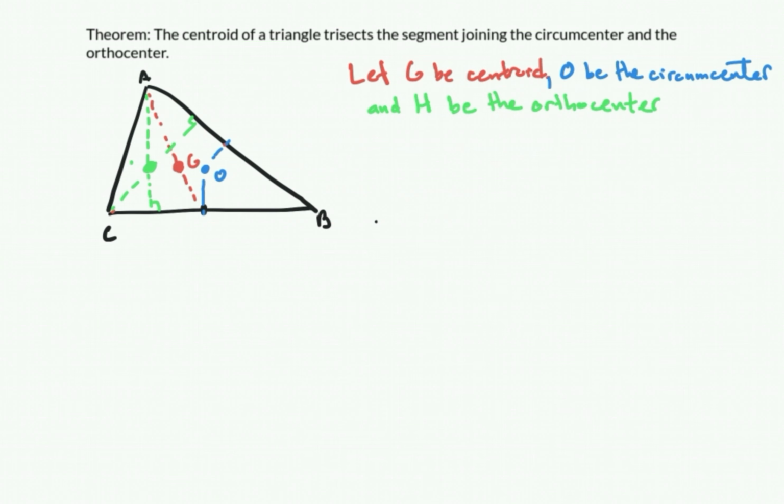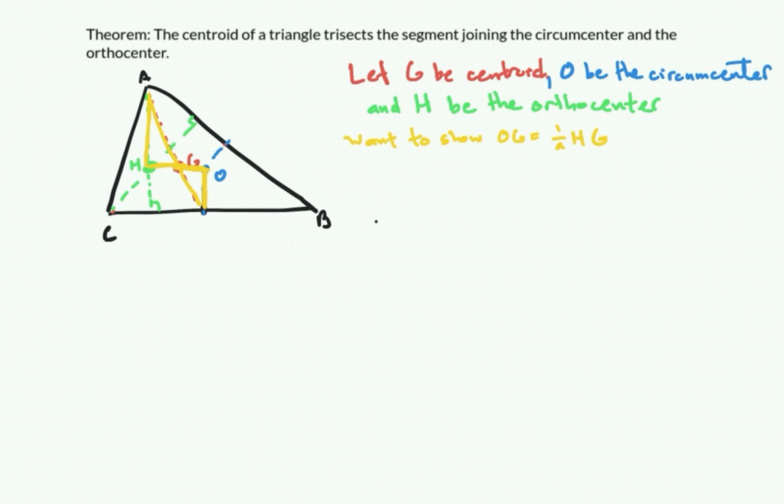All right. Now, my strategy is to consider this line right here. We want to show the length of OG is half the length of HG. Okay. Now, my strategy to do that is going to be to look at these two triangles right here.